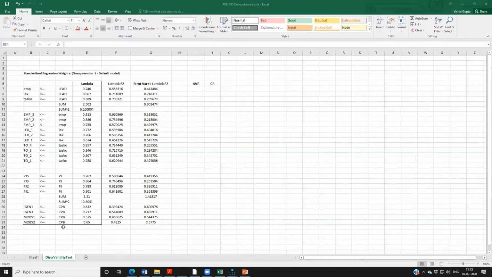Okay. So now we will do the sum of the lambdas for CPB, which is these 4 items, and sum square, which is equal to this, and we will also do the sum of the error variances.